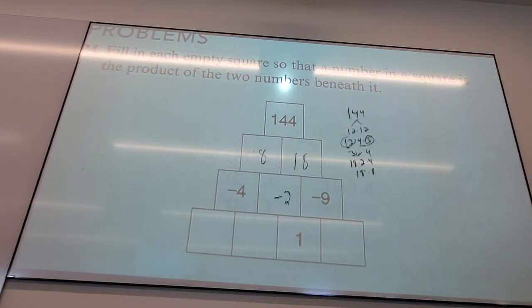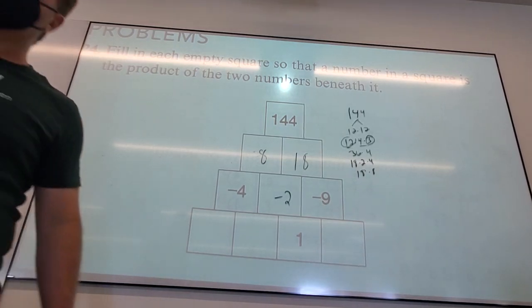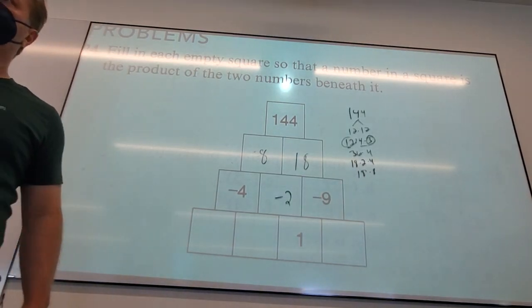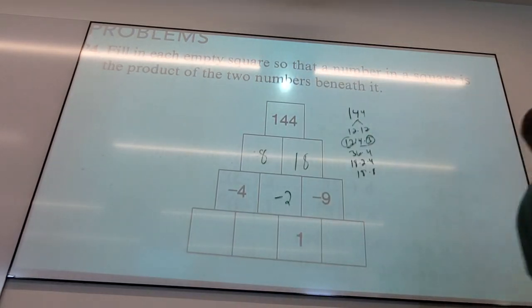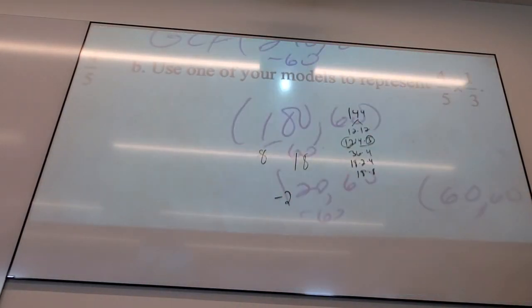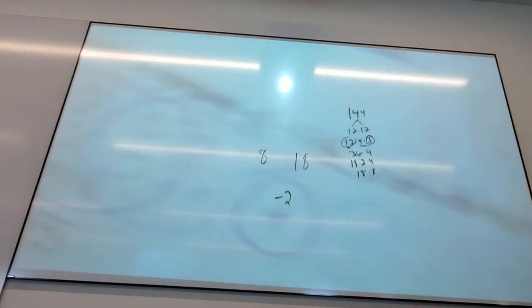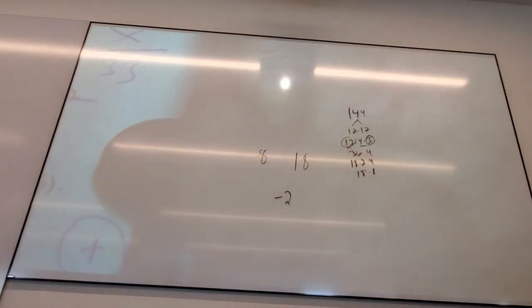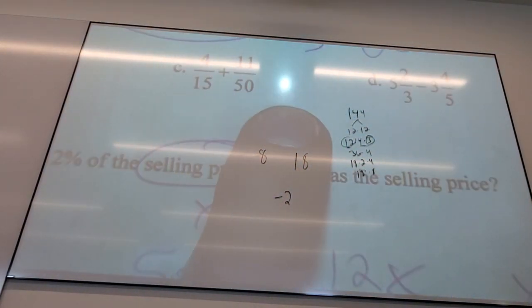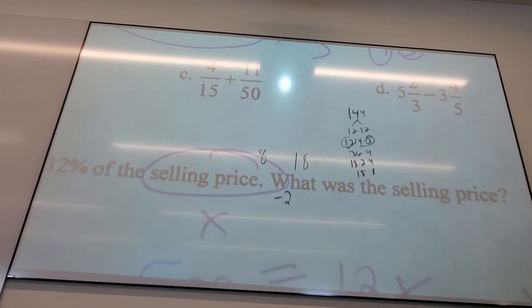So for 15C on the practice file, is there a quicker way to do this? Well, okay. When I see a problem like that, what's the biggest number that goes into both the bottoms? What's the biggest number that goes into 15 and 50? 5.